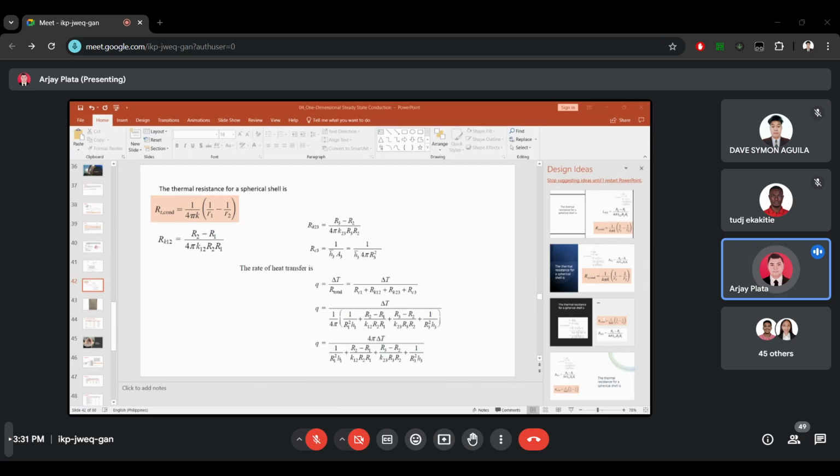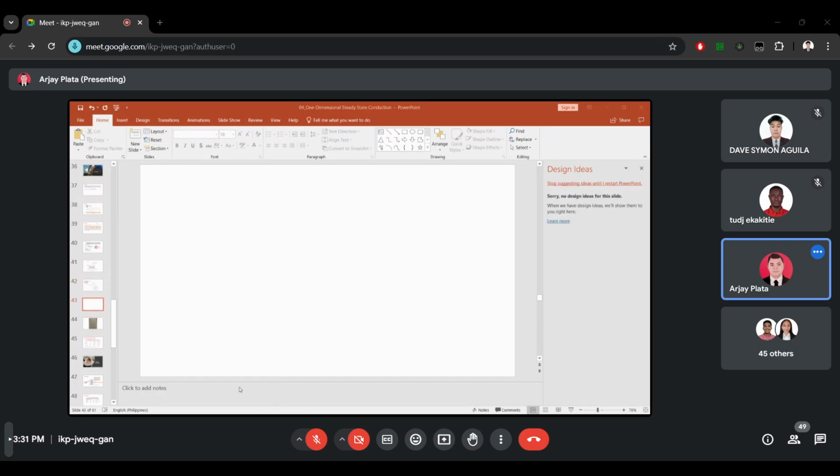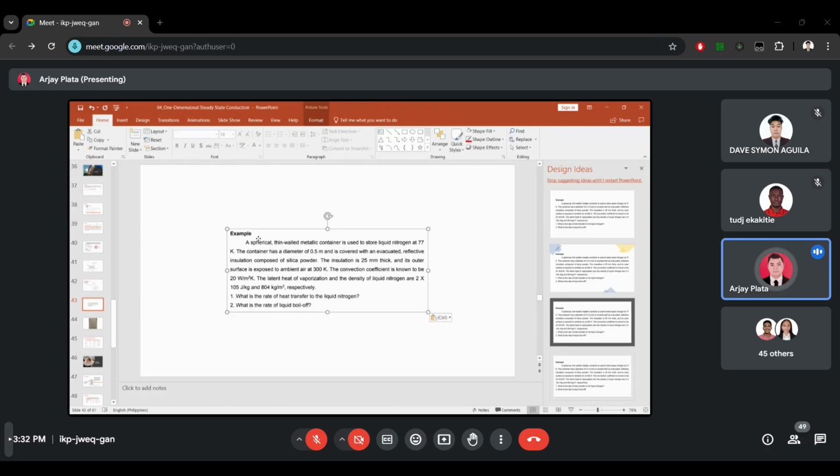So in your module, I think there is an example problem for spherical. So I'll just paste it here.